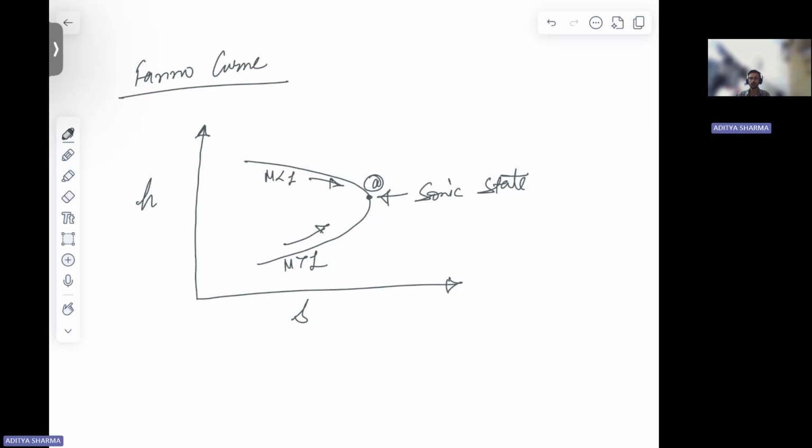At subsonic conditions, if you increase the length of your duct, then because of frictional effects, the Mach of flow is going to increase. If you keep on increasing the length, a point will come where the flow is going to get choked. That is point A, which we call L star also.